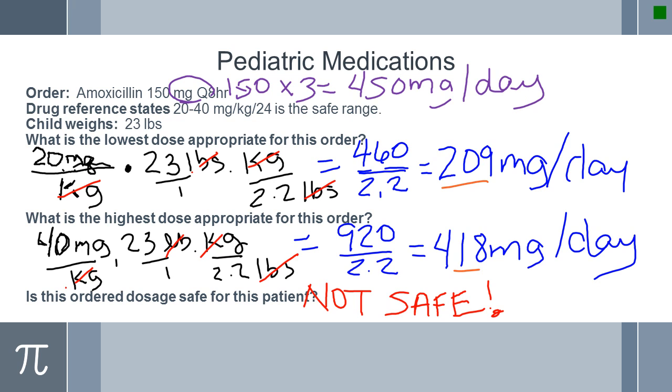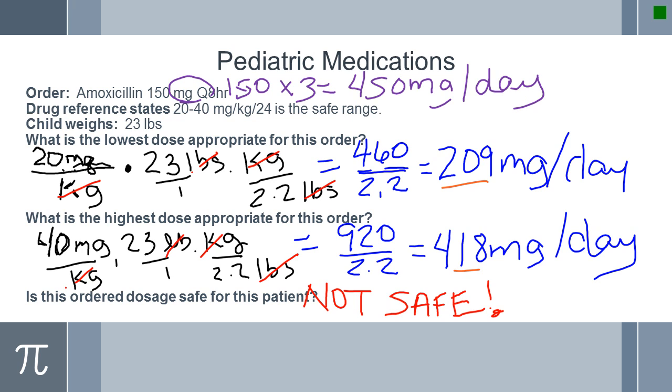There's 3, so that would be giving it 3 times a day: 8, 16, 24 hours. So I'm going to take my 150 and multiply that by 3, which gives me 450 milligrams per day is what the doctor ordered.